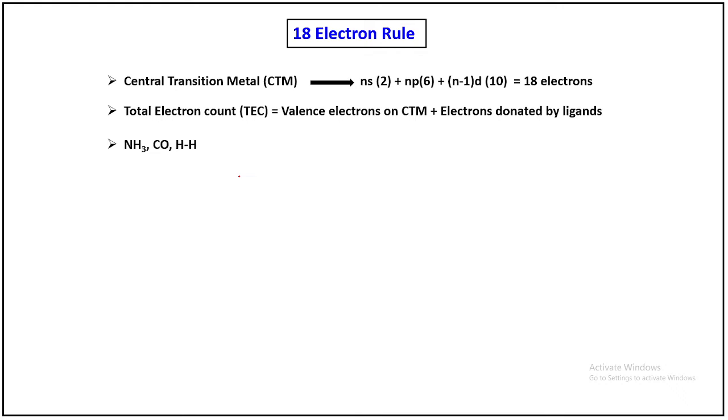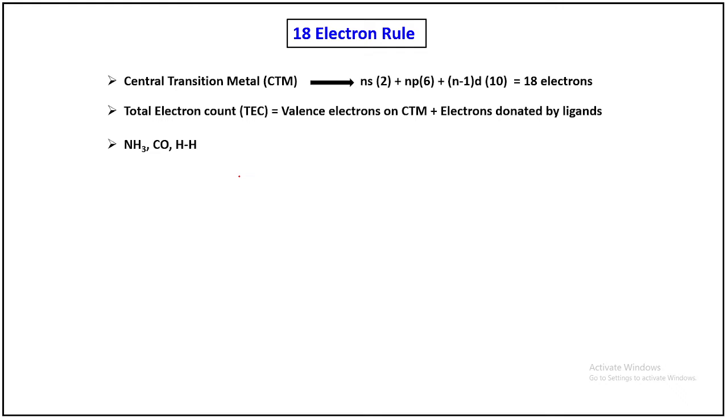Nitrogen has how many valence electrons? 5. And hydrogen, how many? 1. So 3 hydrogens, 3. So 5 plus 3, 8. 8 by 2, 4.